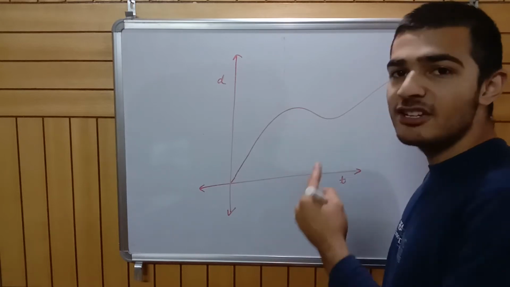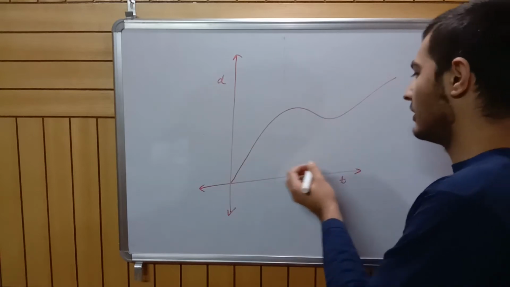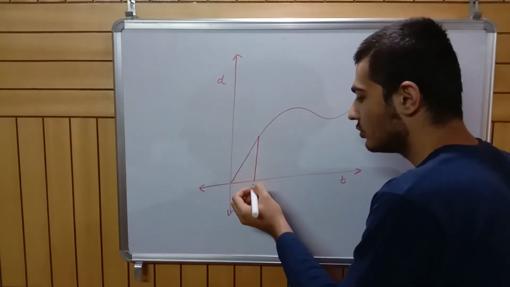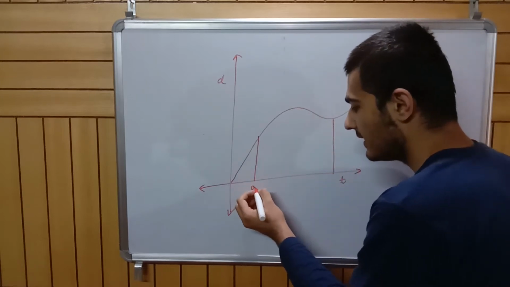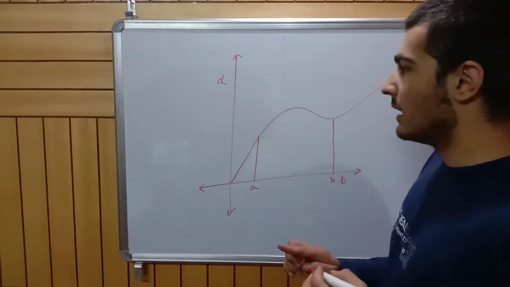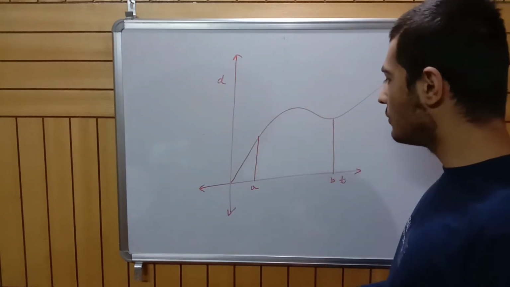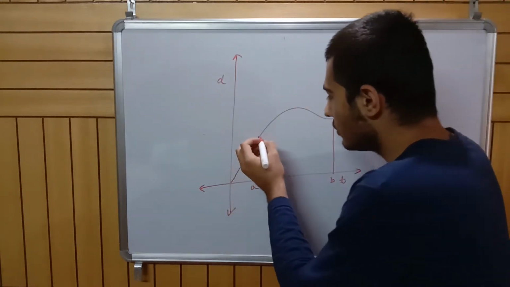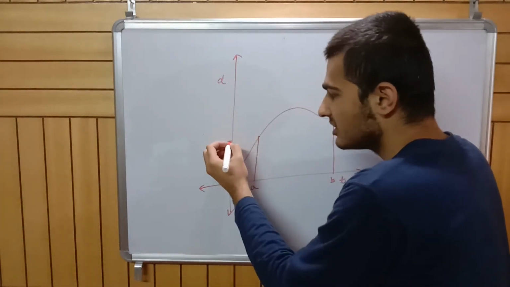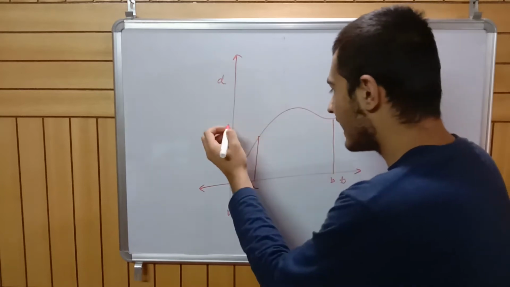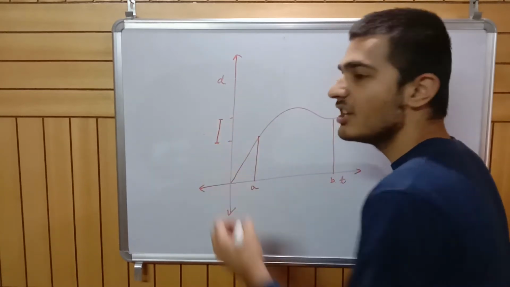So the average rate of change here means the average velocity from some point to some other point in time. Let's say we choose two points in time, this and this. Let this be A, let this be B. Now how do I find the average velocity? I take the position at time A and the position at time B, and this is the total change in the distance.